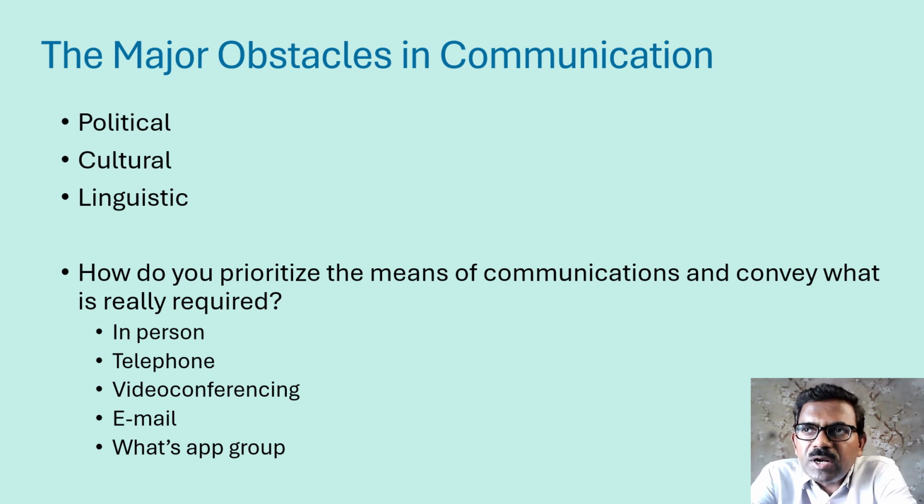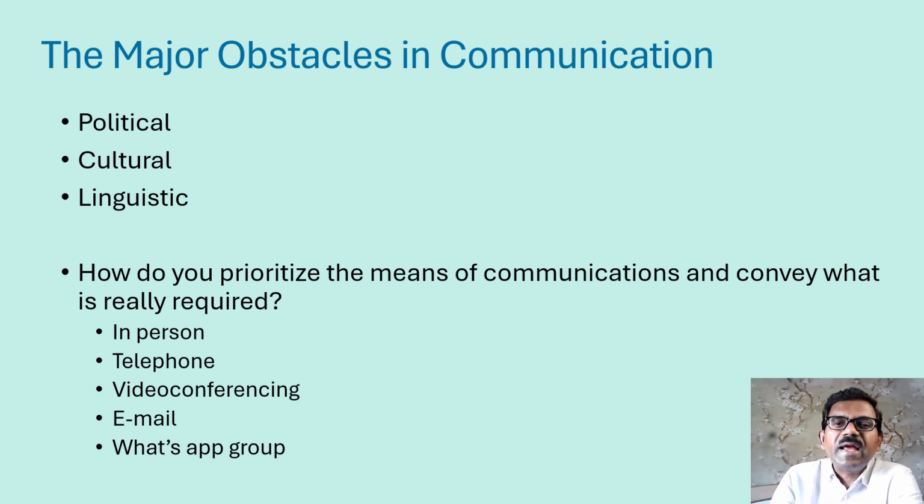Then the next priority can be a call, mobile or telephony. Next, video conferencing to have a team meeting. Email is nowadays a very easy way to send at any point of time. And WhatsApp group is also very good, 24/7, with ease of sending photographs, videos, and even messages. That is why it is a very handy tool.